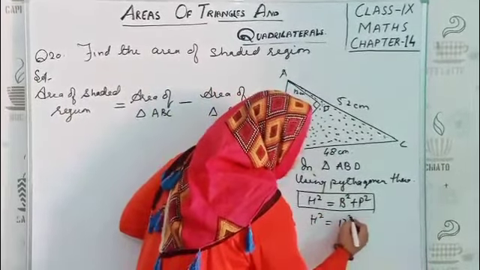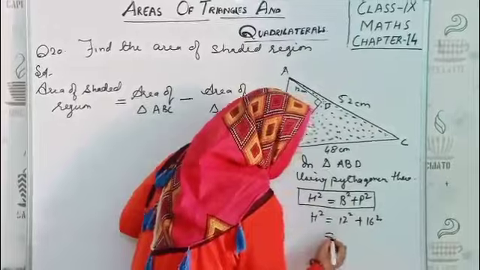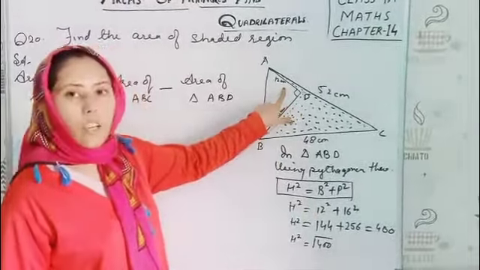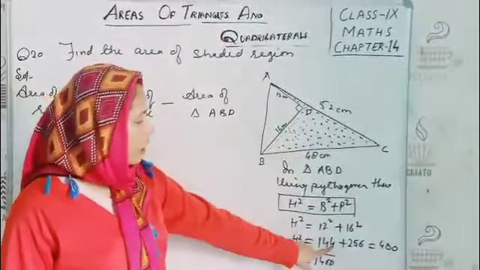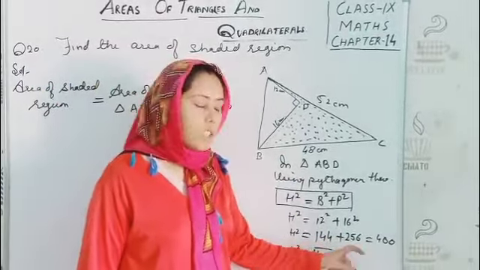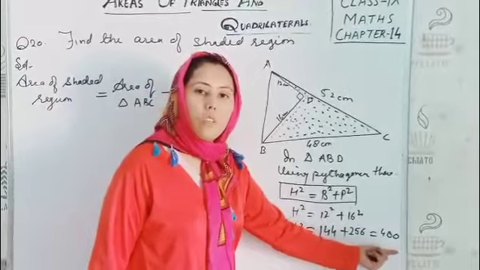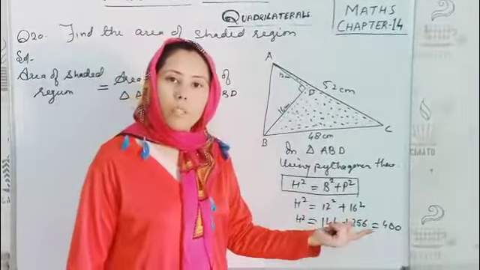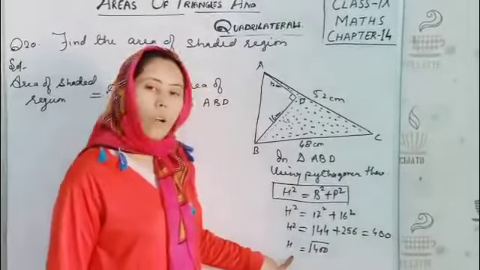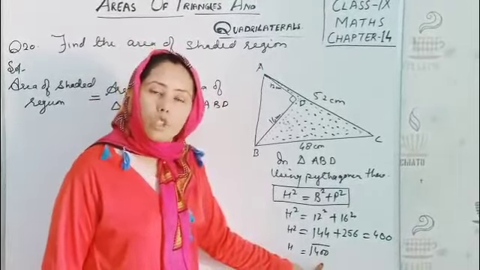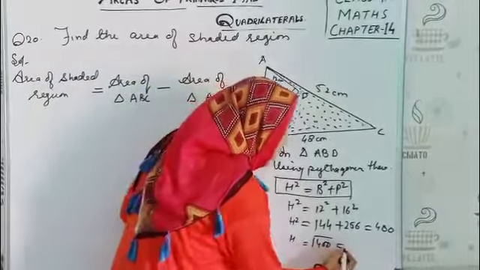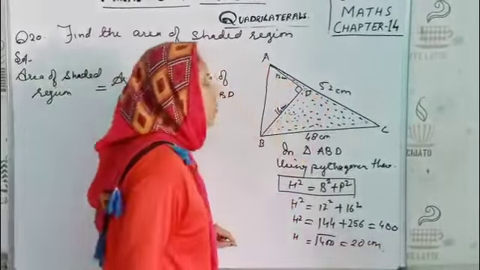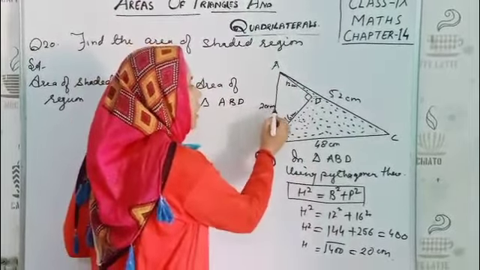Base is 12 square plus 16 square. So when we put the values, base is 12 I have taken and perpendicular 16. 16 square is 256. When you add them, you will get 400. Hypotenuse square is 400. So what is applied on the opposite side of a square? When the square is removed, the square root is applied on the opposite side. Then 400 is the square root of 20. So hypotenuse is 20 centimeter.